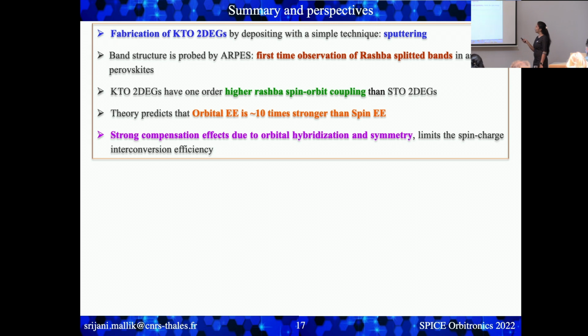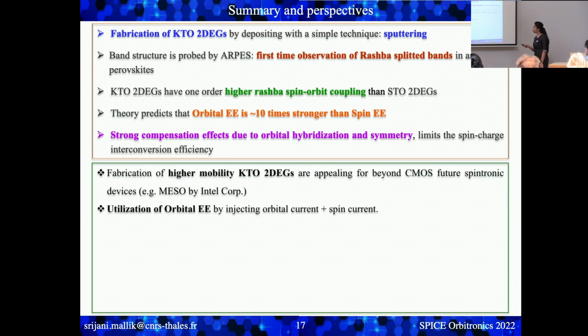So with this, I would like to summarize my talk by telling you that I could show you that just by simple sputtering, it was possible to achieve 2DEGs in potassium tantalate, and it shows really high Rashba spin orbit coupling. And the theory predicts that the orbital effect is 10 times stronger than the spin Edelstein effect.